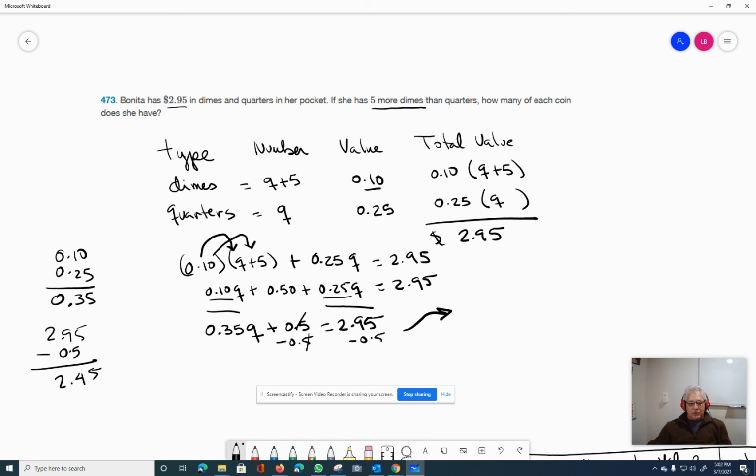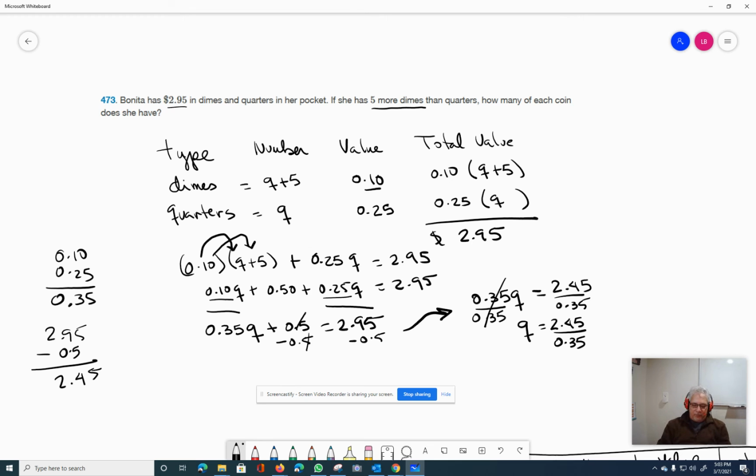Then I will continue here on the right, 0.35 Q, and that will be equal to 2.45. Next thing to do is Q will be equal to 2.45 over 0.35, because I have to divide by 0.35 on both sides of the equation. These two cancel out, and I get Q equals 2.45 over 0.35.